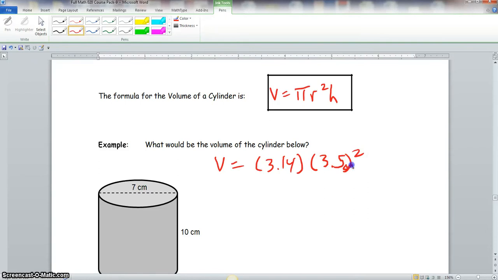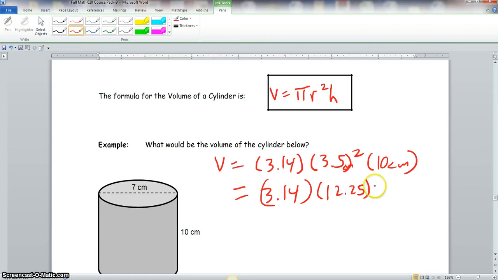And this is supposed to be centimeters. And then the height is 10 centimeters as well. So we have 3.14. Now we would take 3.5 times itself, or 3.5 squared, and that would give us 12.25. And then that should be centimeters squared times 10 centimeters.